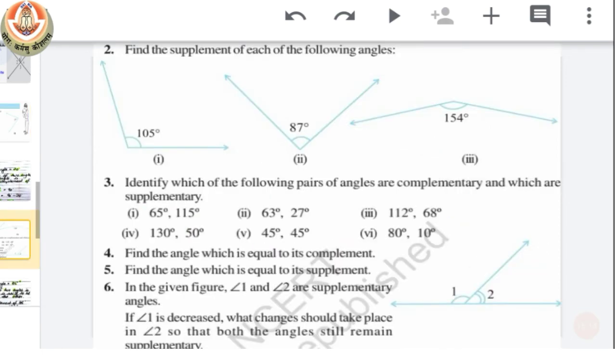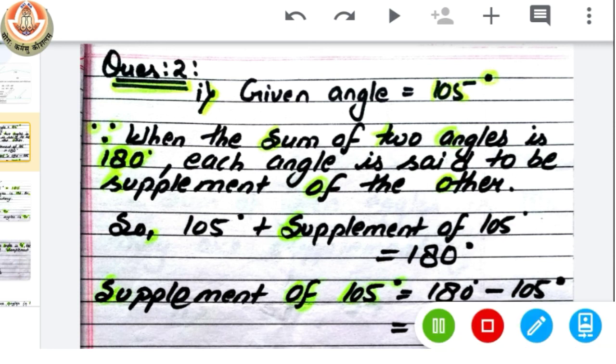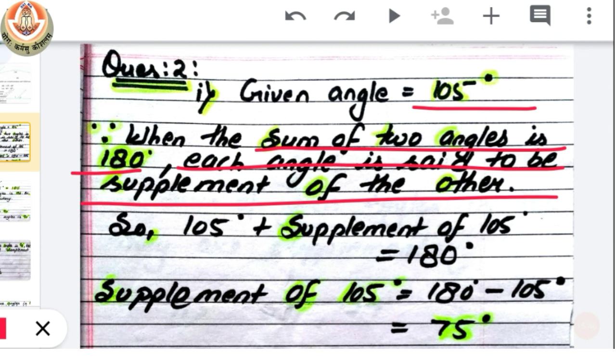Okay. Now in our next question, we have to find the supplement of the given angles. So let's first recall what supplementary angles are: angles which, when we add them, give a sum of 180 degrees. Let's see how we can solve this. We are given 105, and when the sum of two angles is 180, the angles are said to be supplements of each other.